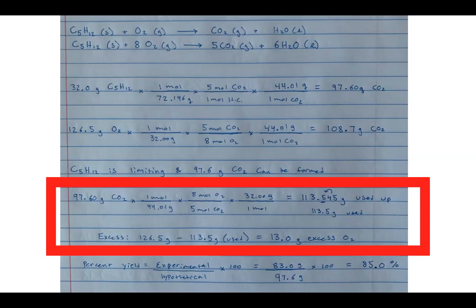Again, remember that the product of this dimensional analysis is how much you used up. In order to solve for the excess, we take the grams of oxygen we started with, 126.5, and subtract the amount that we used up, 113.5, to get 13 grams of excess oxygen.